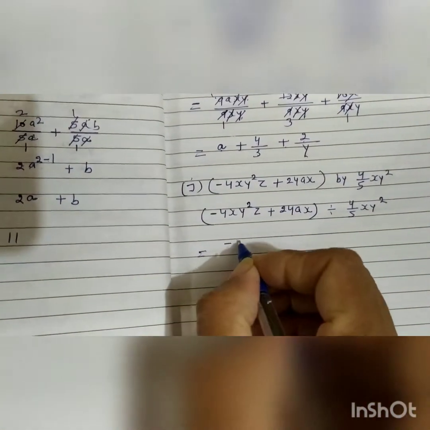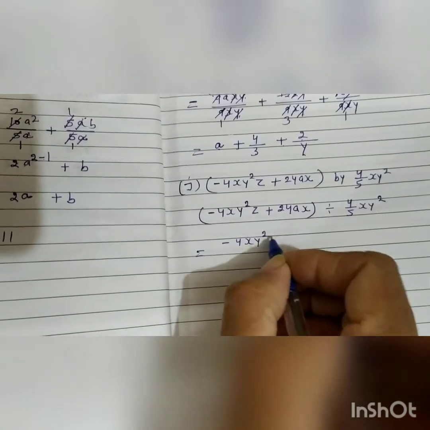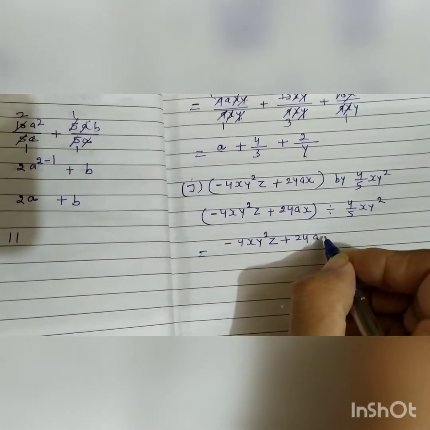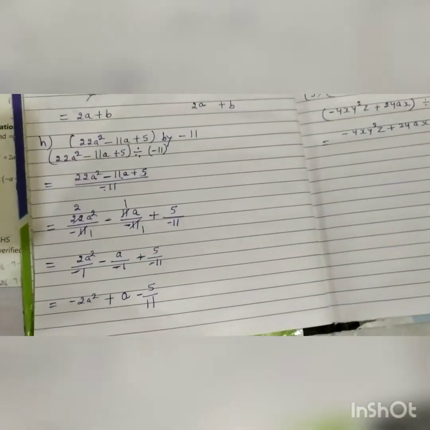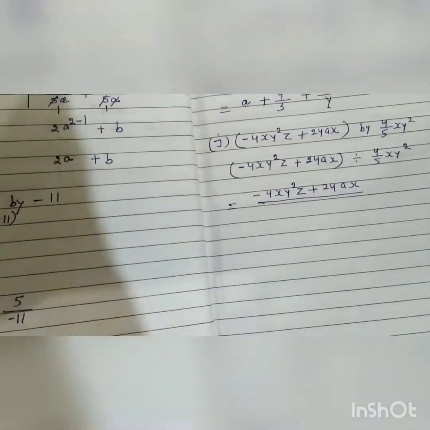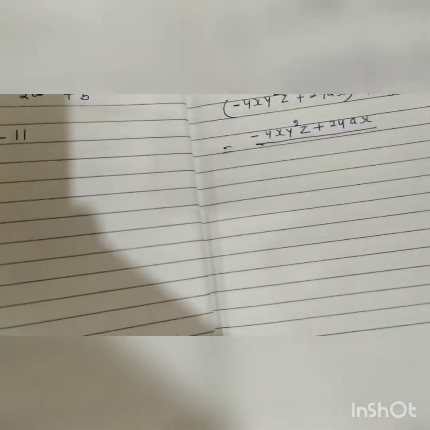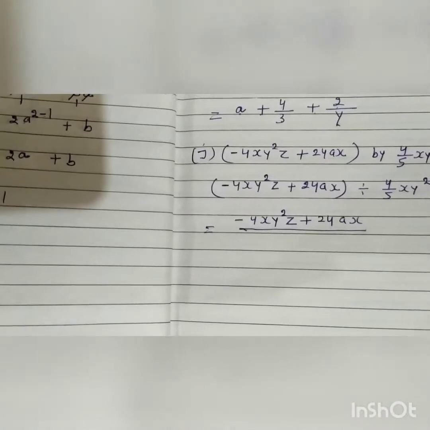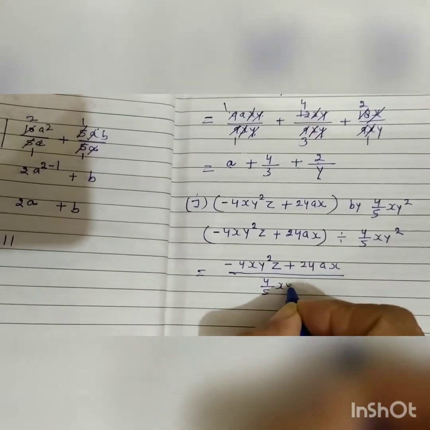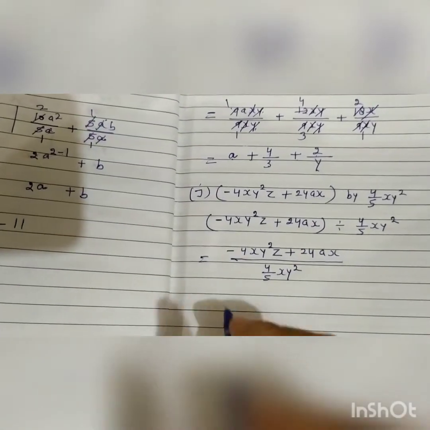then minus 4xy square z plus 24ax upon 4/5 xy square.